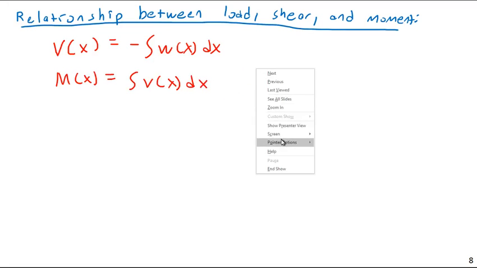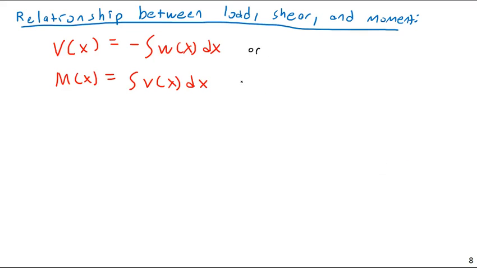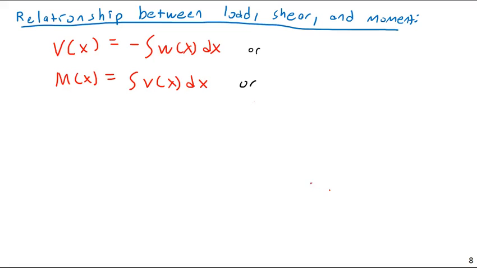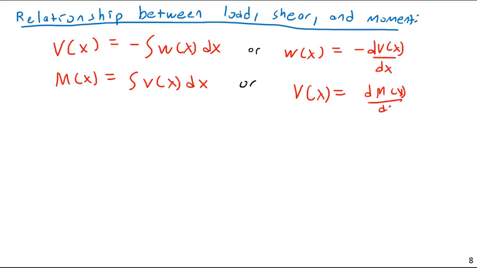Or we could also express this as w of x equals negative dV of x over dx, and V of x is equal to dM of x over dx.